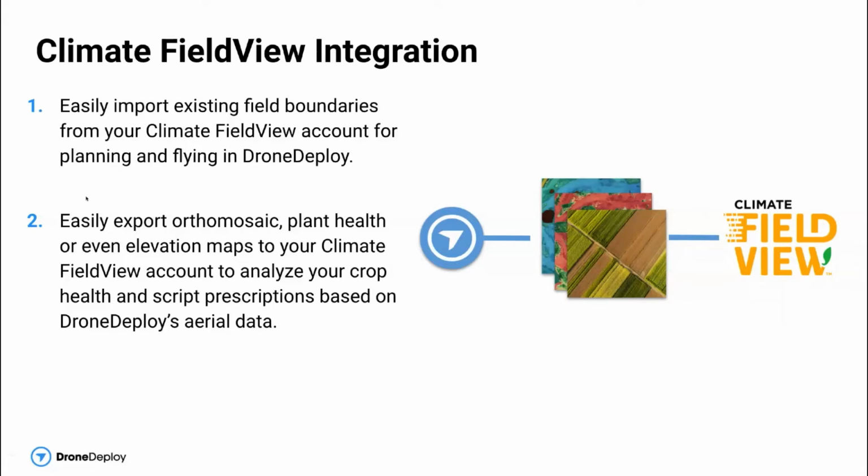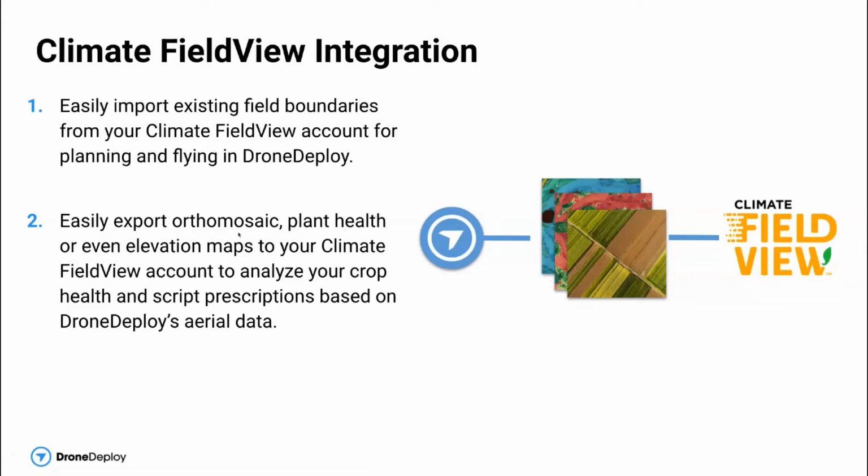The second main integration point is at the back end. Once you've flown the field and processed the maps in DroneDeploy, you can easily export the orthomosaic map, which is just what it looks like from the sky, the plant health map I've been showing you that has a lot of good information, and the elevation map I showed you.